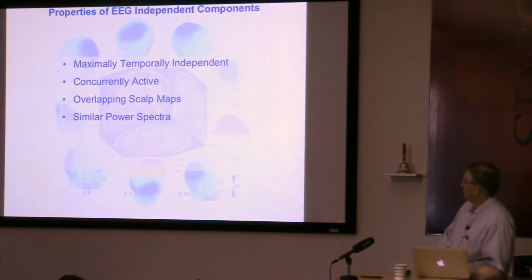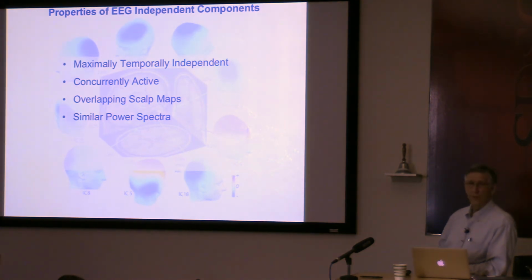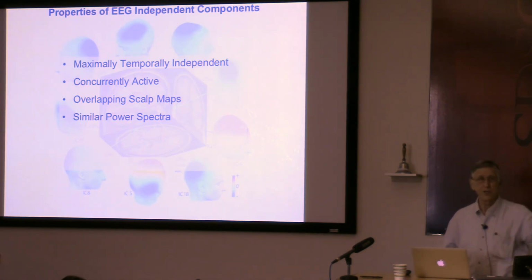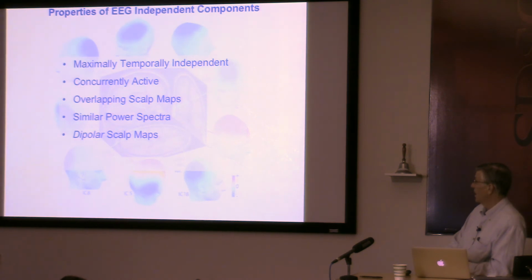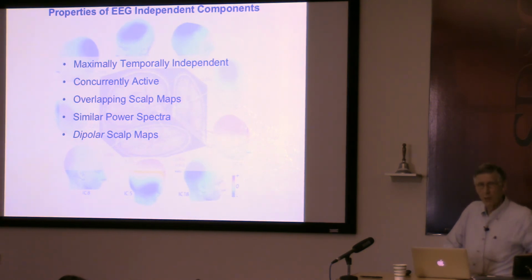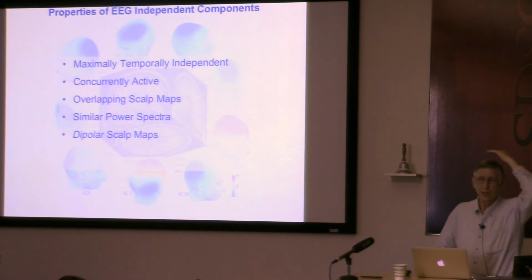They actually have very individual power spectra, although of course all on the 1/f baseline, which is characteristic of cortex. And many of them have dipolar scalp maps. That means they're compatible with origin in a single cortical area, occasionally in two symmetrically located cortical areas.